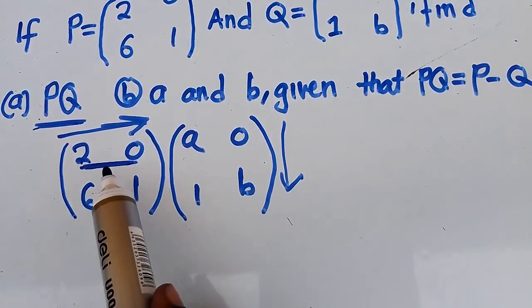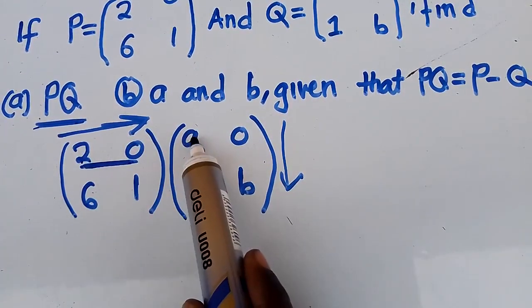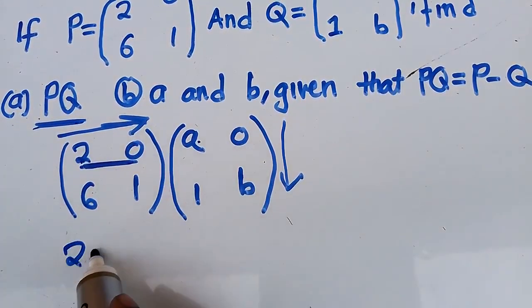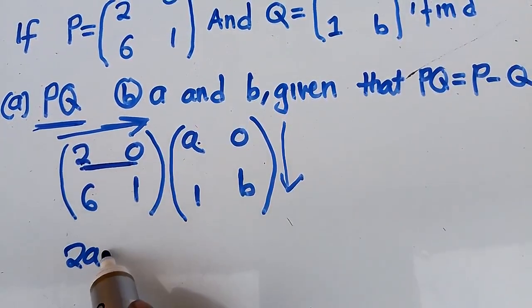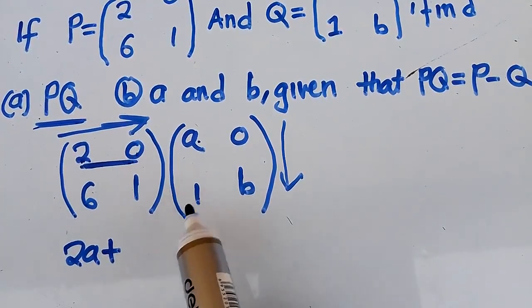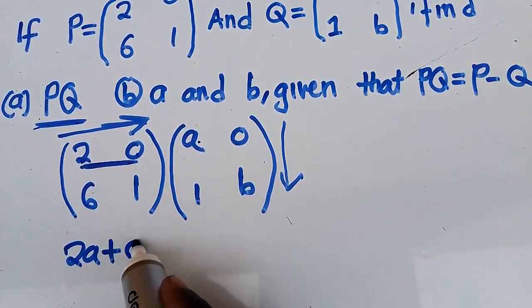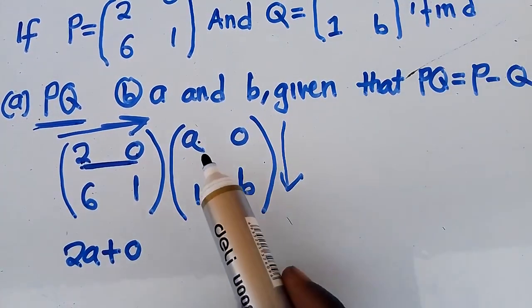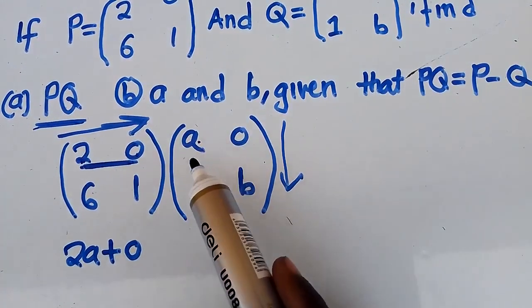So what we are doing is that you'll be saying 2 times A. So 2 times A, it is 2A. This is what I'm going to do. Then I say plus 0 times 1, it is 0. So I'm going to put a 0. I'm done with the first part. I move to the other part.